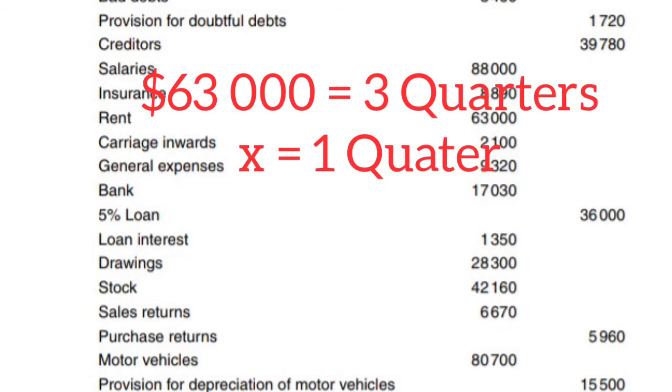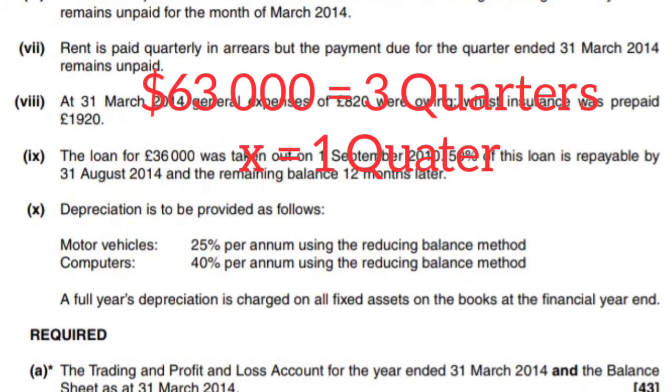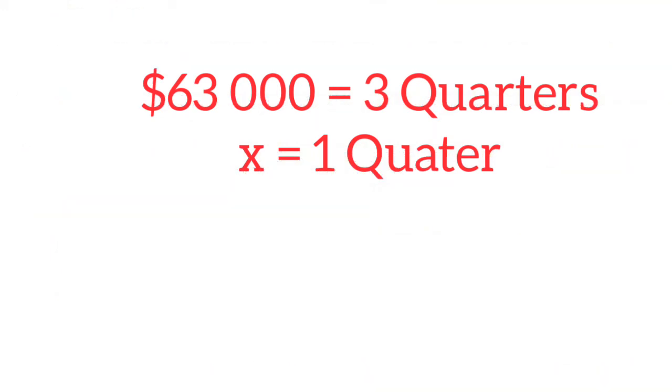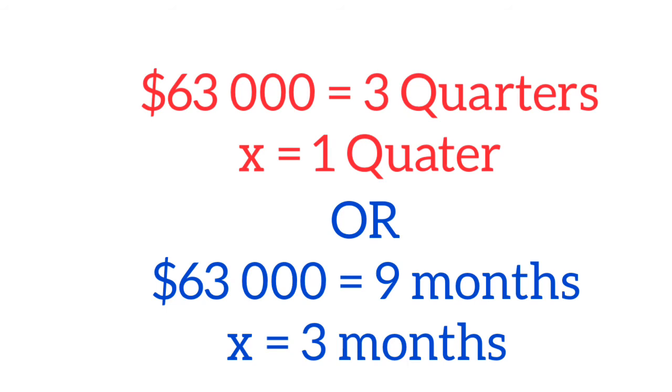So 63,000 is referring to the amount actually paid for the rent, right? So if the additional information is telling that the last quarter ended 31 March 2014 was not paid, it means that 63,000 is covering 9 months, which are 3 quarters.